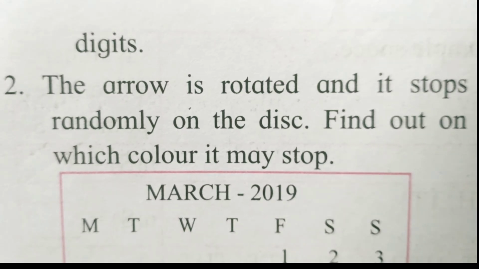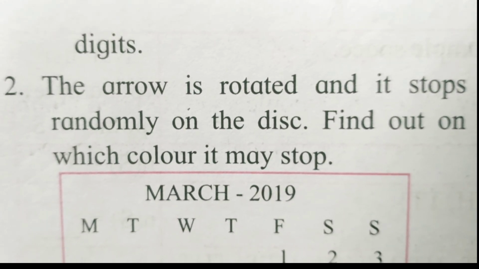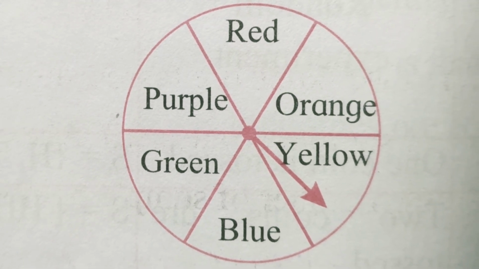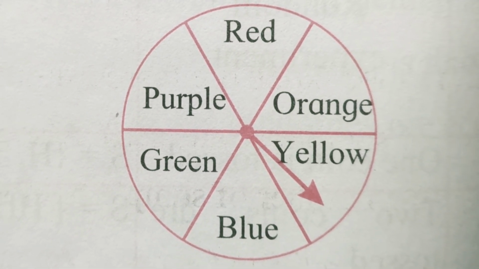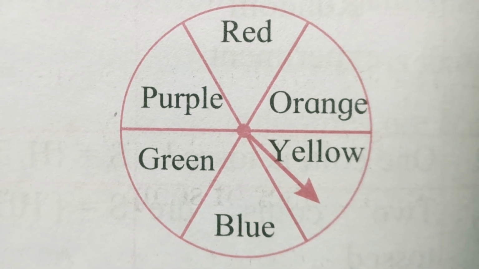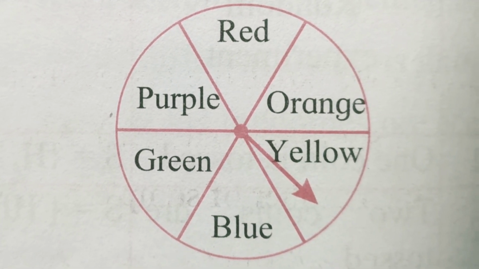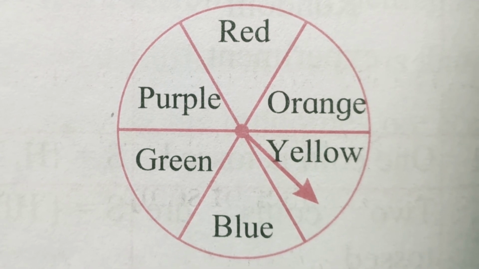Question number 2. The arrow is rotated and it stops randomly on the disk. Find out which color it may stop at. So there are red, orange, yellow, blue, green and purple colors. So this arrow which is rotated, it will stop at which color? We have to find the sample space.